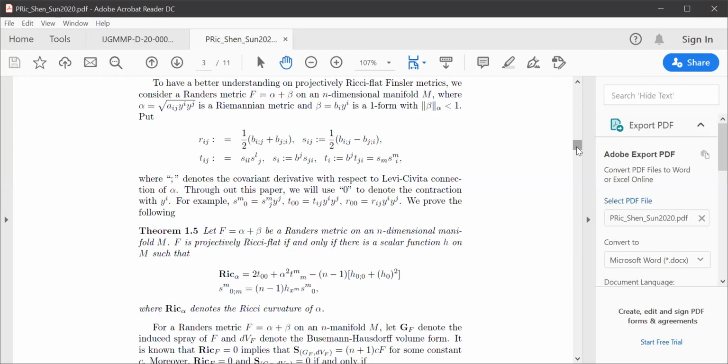If you look at (alpha, beta) metrics, there is still a problem, because we have a paper from a long time ago where we were trying to talk just about Ricci curvature, not projective Ricci curvature, just the Ricci curvature of an (alpha, beta) metric. If it is Ricci isotropic, then you can show that it must be Ricci-flat. Then you stop there, because the Ricci-flat equation is very complicated. For just (alpha, beta) metrics which are Ricci-flat, how do you talk about them, right?